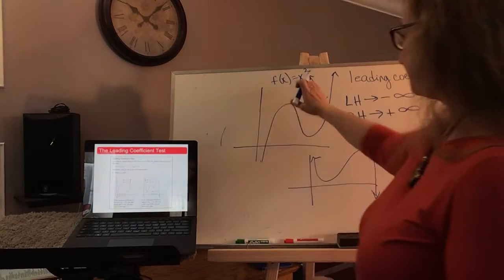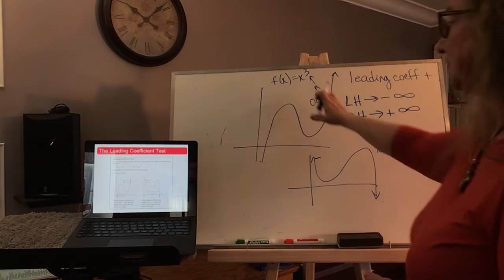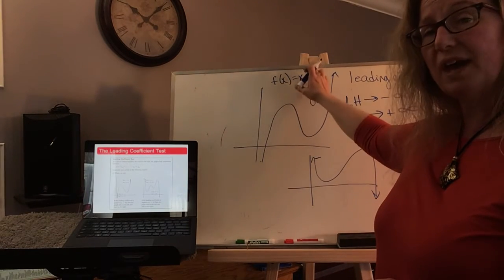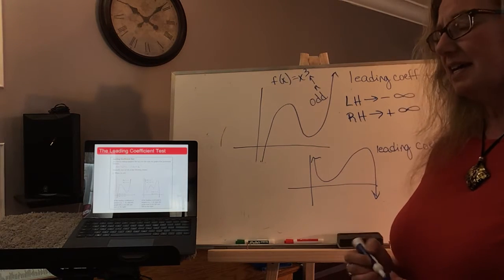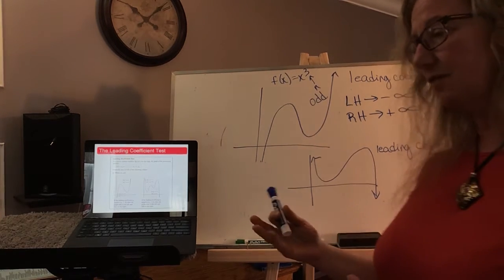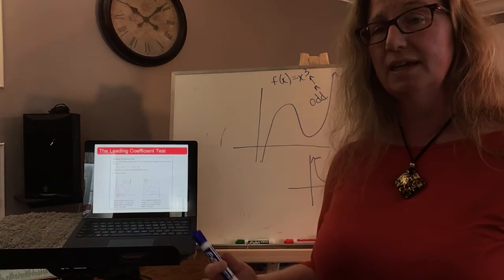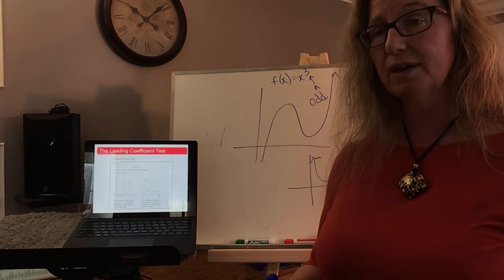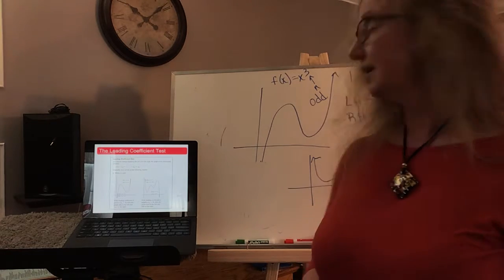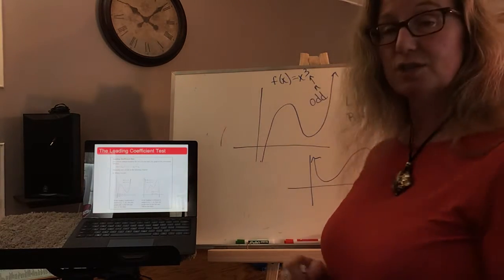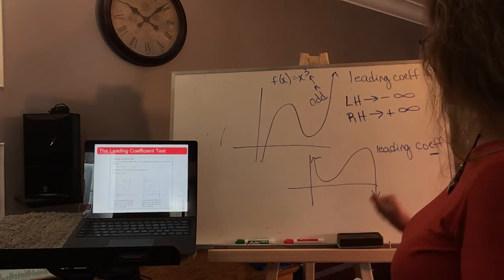Think for a minute, if I took 1,000,000 to the 4th power, that's going to be way bigger than 1,000,000 to the 3rd power, right? So that leading term is the one that determines what happens with this function.